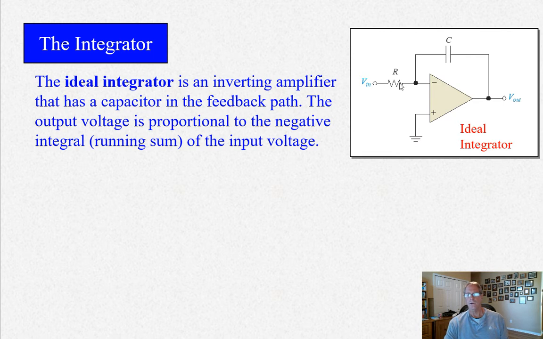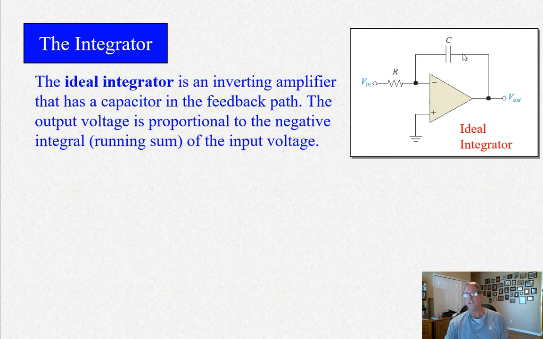That current is the IR drop, so it's V over R. That's the current: the voltage divided by the input resistance. Now, where does that current go? It doesn't go into the op-amp, right? Because we're pretending this op-amp is ideal and there's no input current. So it goes through the capacitor.